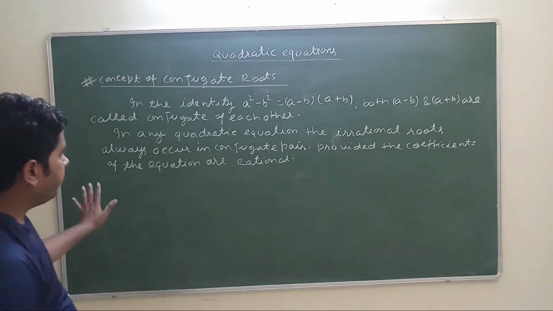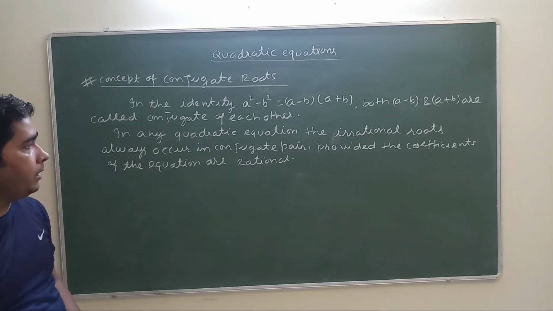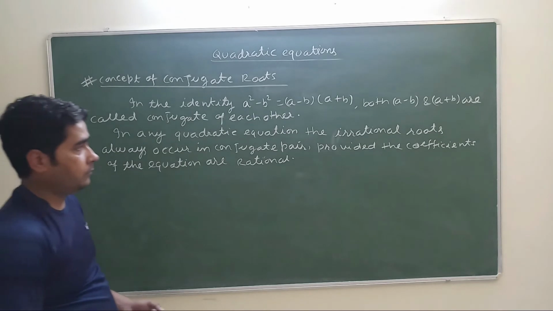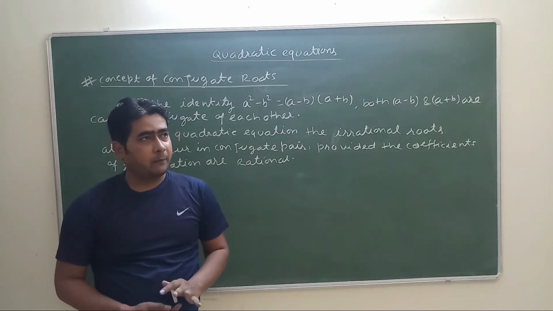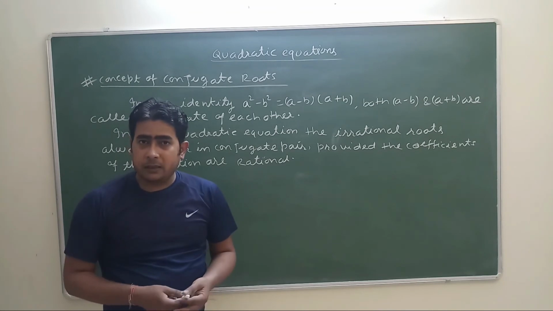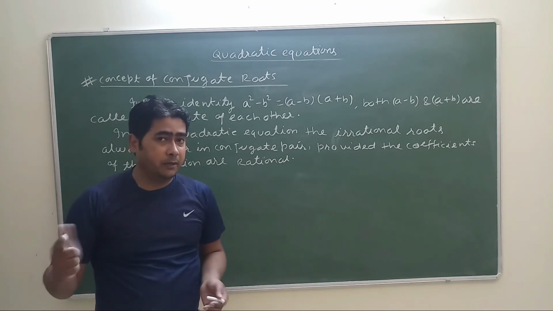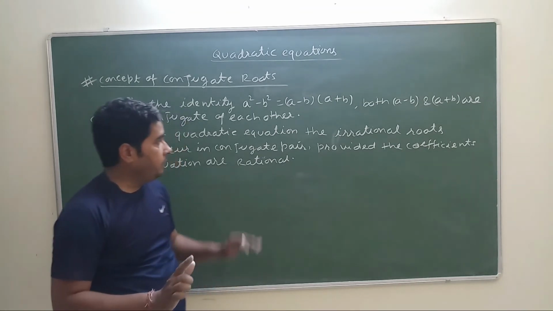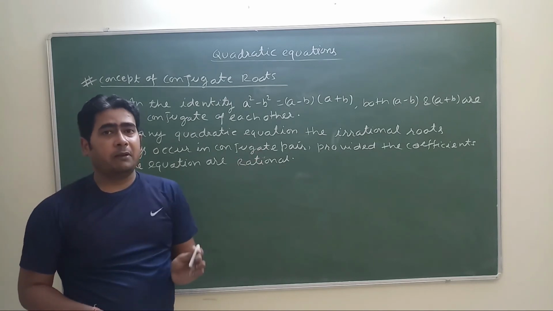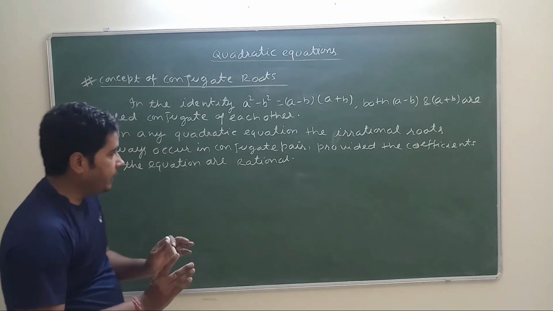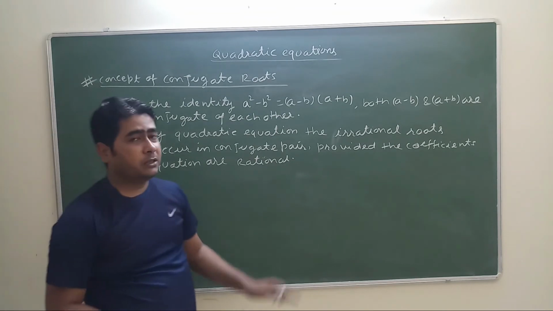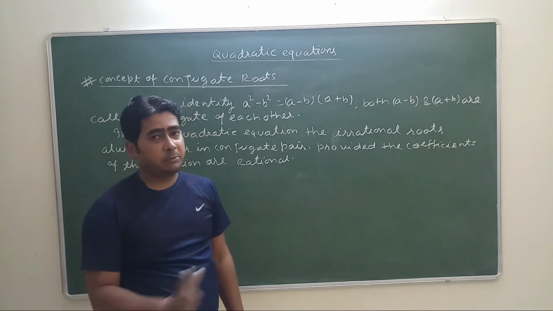For any quadratic equation, you know the roots are alpha and beta. If alpha is irrational, then beta will be its conjugate pair. Provided the coefficients used in the equation, that are a, b, c, must be rational.